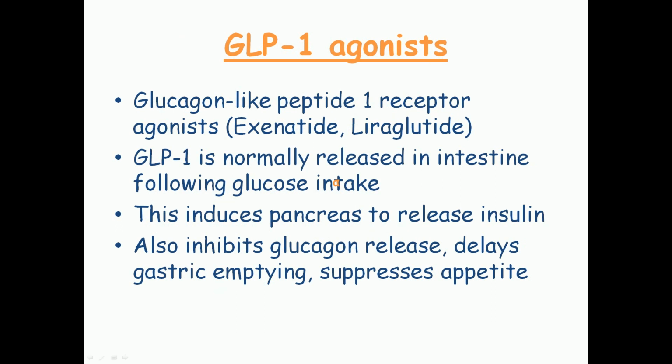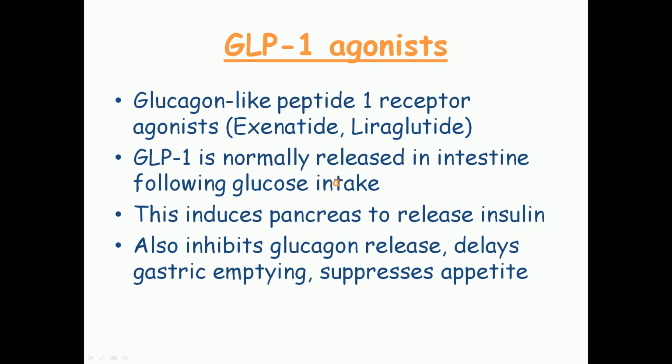Now we'll see about GLP-1 agonists. GLP-1 stands for glucagon-like peptide 1. This includes drugs such as exenatide and liraglutide. GLP-1 is normally released in the intestine following glucose intake. So as soon as we take food, GLP-1 is released from the intestine. This GLP-1 will induce the pancreas to release insulin.